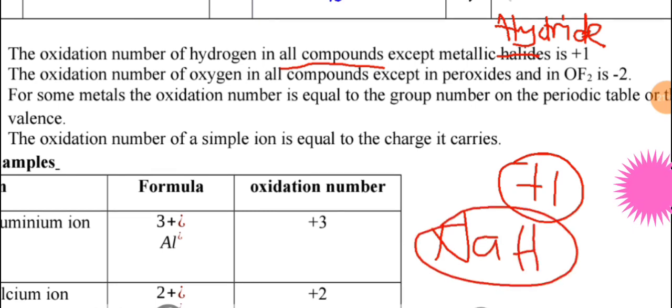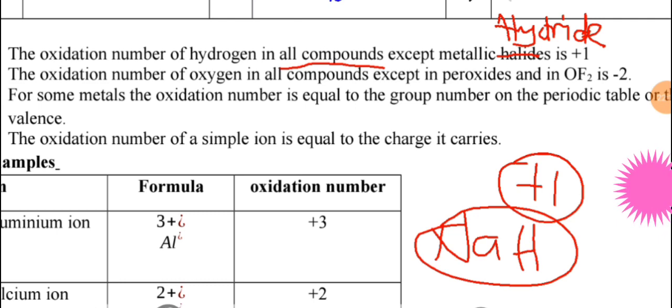In sodium hydride, the oxidation number of hydrogen is not going to be positive 1. This is what we are talking about. You will see, I am going to cite some examples when I start my calculations.